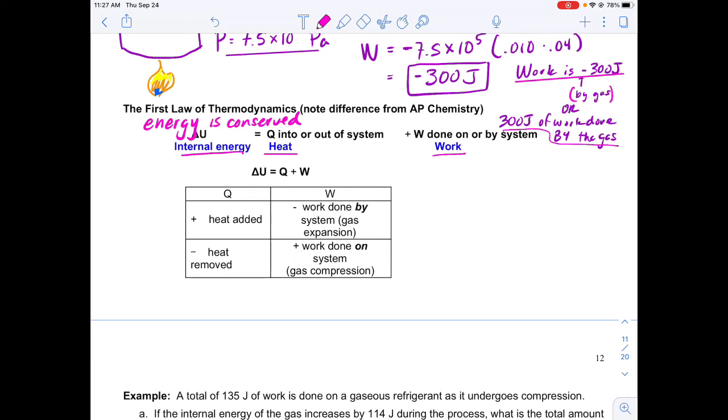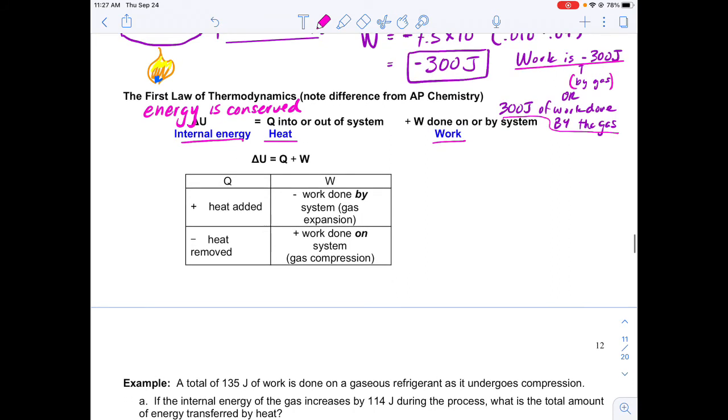And I've put the sign conventions here, and they are different from AP chemistry again. When Q is positive, that indicates that heat is being added to the gas. When Q is negative, that's indicating that heat is being removed from the gas, or you could also say that heat is transferred out of the gas or it goes to the surroundings.